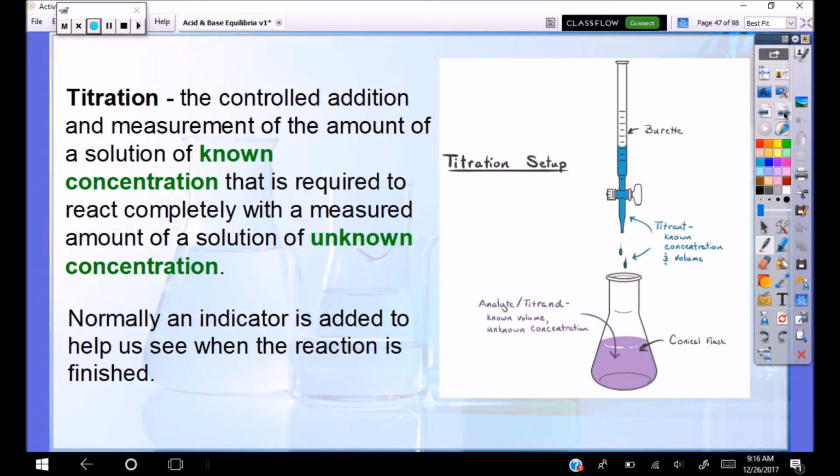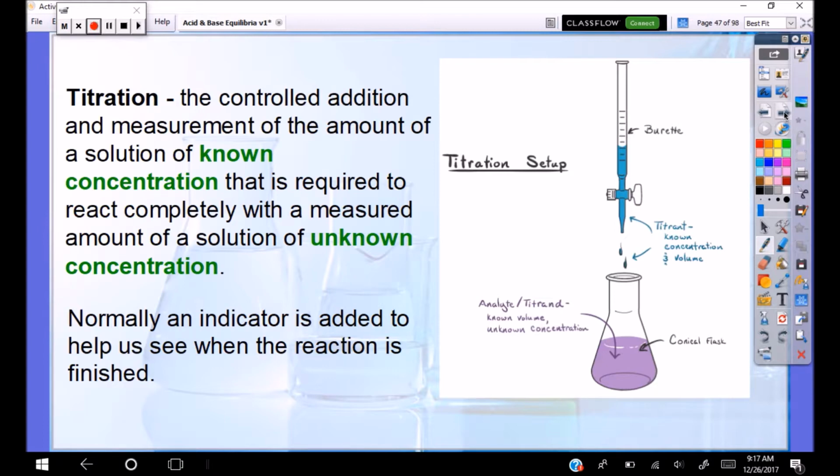Now, the idea behind this is what led us to develop the lab procedure called a titration. So a titration is a controlled addition and the measurement of the amount of a solution of known concentration. So if we take something that we know the value of and we react it with something unknown, we can then determine the concentration of our unknown.